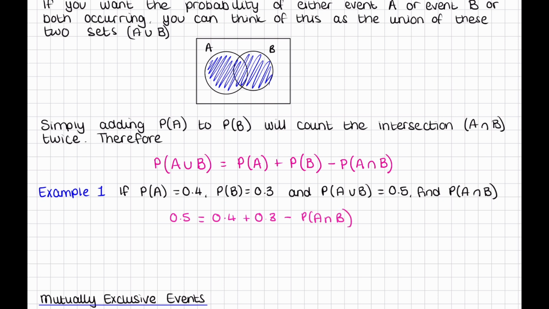From here, we just rearrange and solve for the probability of A and B. If we do that, we end up with 0.5 equals 0.7 minus the probability of A and B. Rearrange that, and we end up with 0.2. So therefore, the probability of the intersection is 0.2.